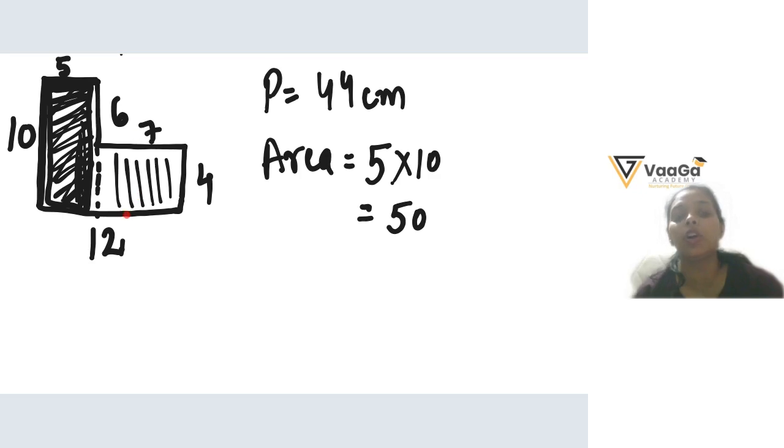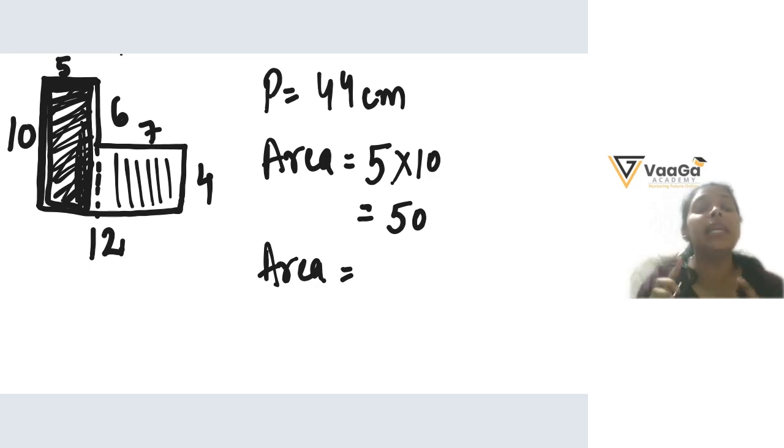What should be the area of the horizontal rectangle? Ma'am, but doesn't it count till the end? Doesn't it also have to be into 5? Beta, in area what we do is we multiply two sides only. Length into breadth. This is the length and this is the breadth. That's why we are multiplying only two sides, two centimeters, that's why we have centimeter square.